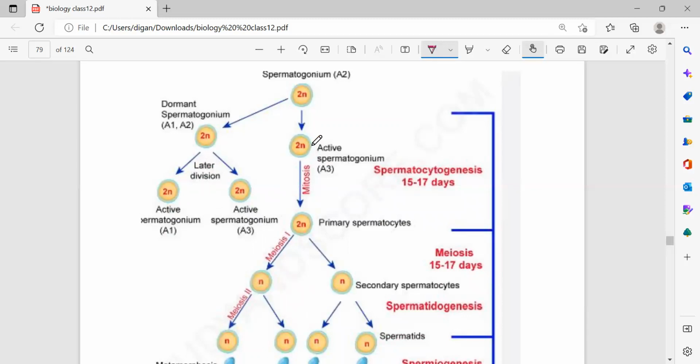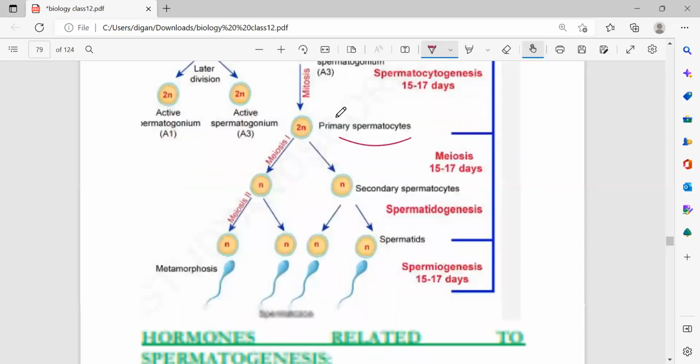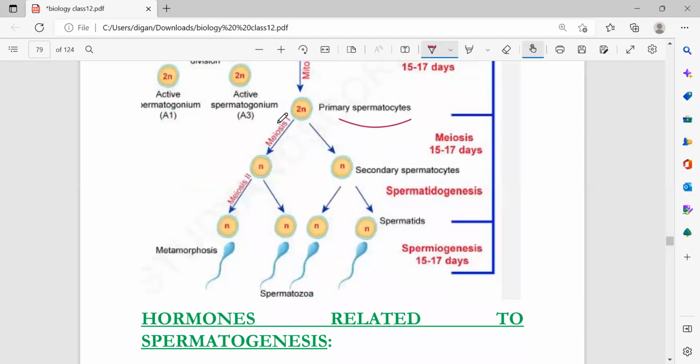The active spermatogonium undergoes mitosis, and this process takes almost 15 to 17 days, and they form the primary spermatocytes. Then these primary spermatocytes undergo meiosis 1 and meiosis 2, and finally from one primary spermatocyte, 4 spermatids are formed.